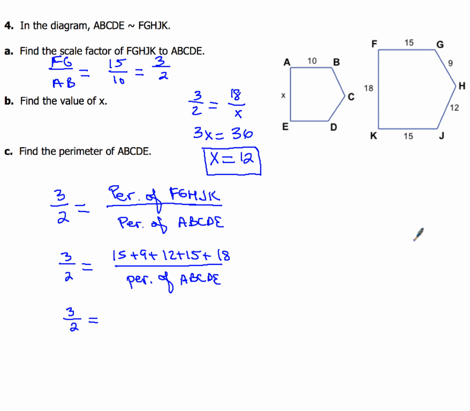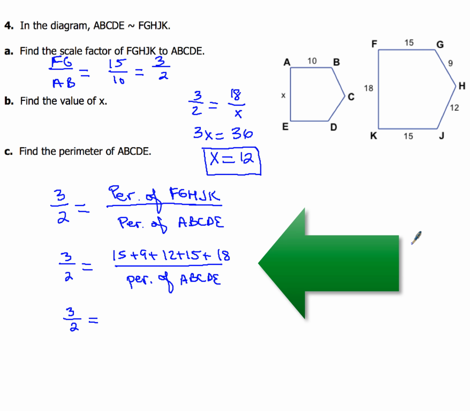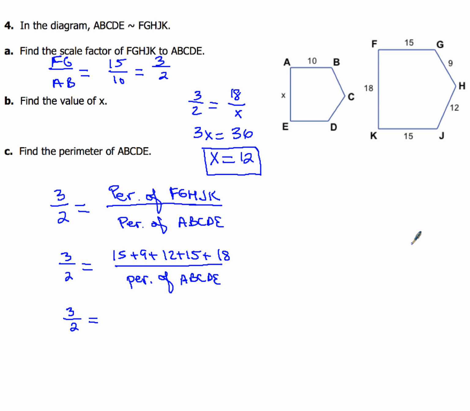That's going to leave me with this proportion here on my second line. Now here's a really quick way to add these up. If I take a look at 15 and 15, I know that part's going to give me 30. 12 plus 18 gives me another 30, so far I'm at 60, and then add 9, so I'm at 69. So 69 is what I get for the perimeter of F, G, H, J, and K.